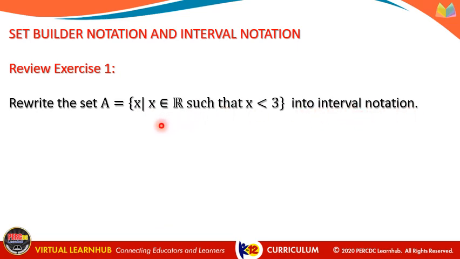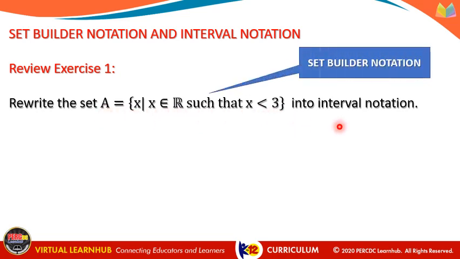Now, una, ano ulit ang tawag natin sa notation in this manner, di ba? Ang tawag natin sa ganitong notation ay set builder notation. So, ang gusto natin gawin ngayon is ma-review paano mag-convert ng set builder notation into interval notation. Una, alamin natin, ano ba ang laman ng set A?